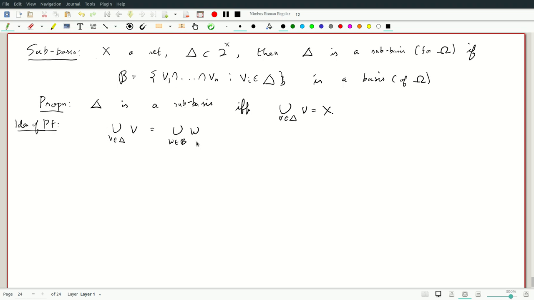So it's easy to see this. And so this will tell you that if B is a sub-basis, then this is true, and hence this is true. On the other hand, given this condition, we have one of the conditions of being a basis true.